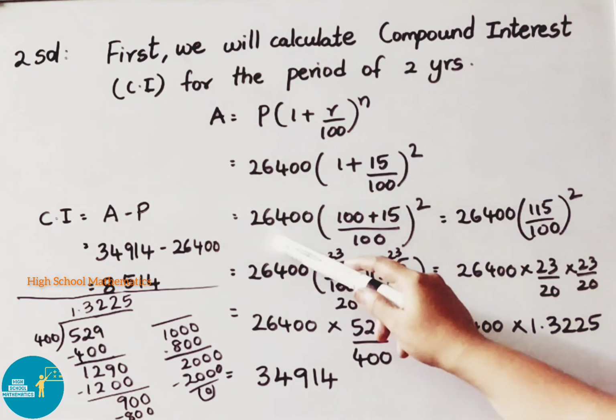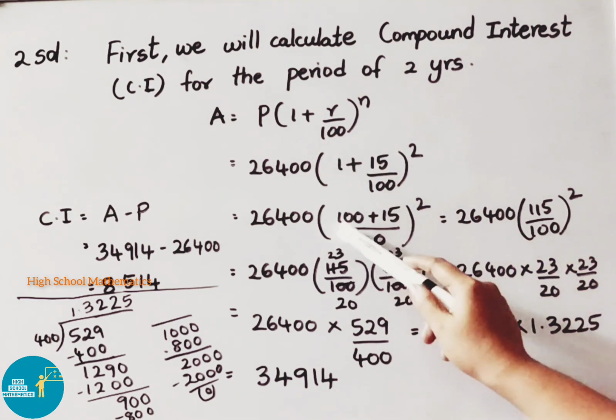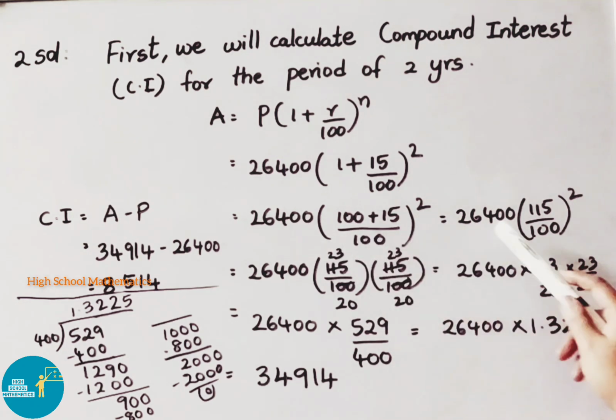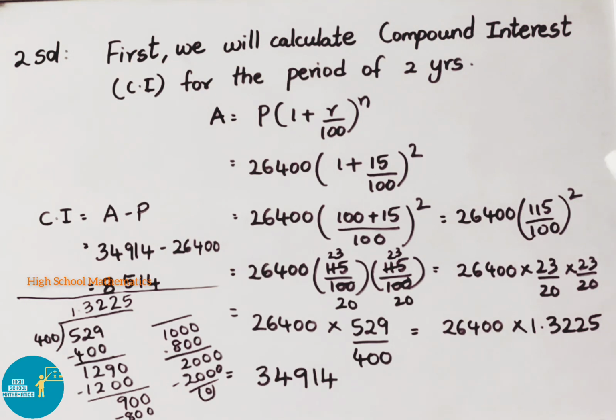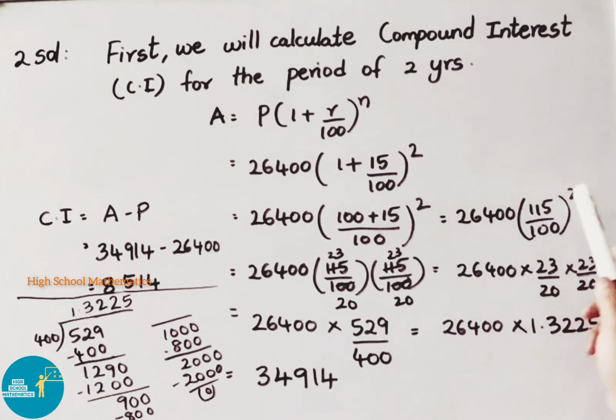So 26,400 into, here we have to do LCM, 100 plus 15 by 100 whole power 2. That equals 26,400 into 115 by 100 whole power 2. Next step, 26,400 into 115 by 100 multiplied 2 times.